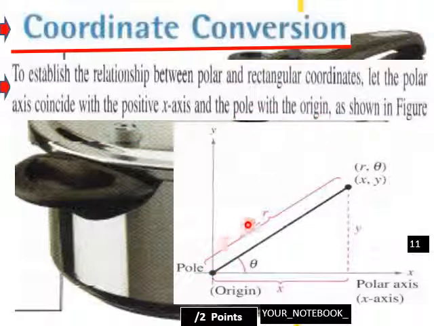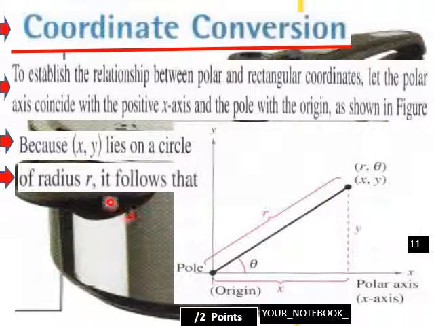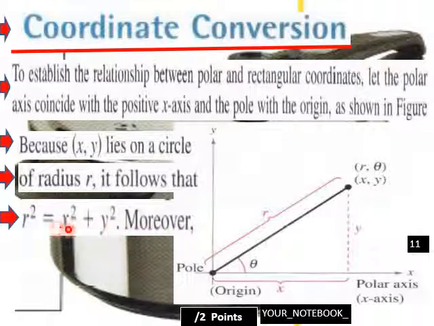So this is your pole, this would be your r, and your original x-axis here would be your polar axis as well. And then here's your θ for that.